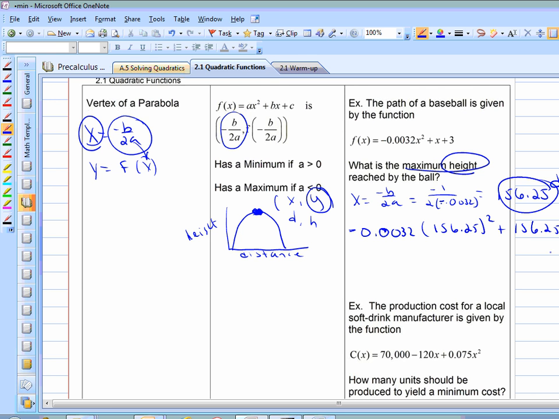When we calculate that, we're actually going to get a value of 81.25 feet. So the height above the ground when the ball is 156.25 feet away from home plate is 81.25 feet, which is the maximum height that the ball reaches.